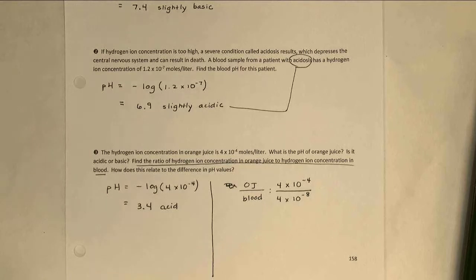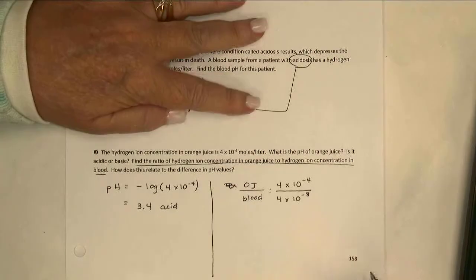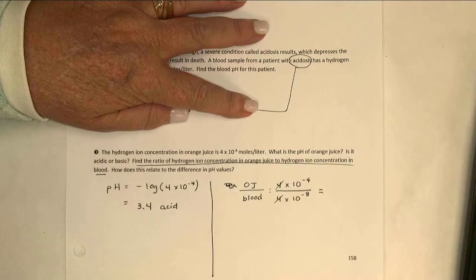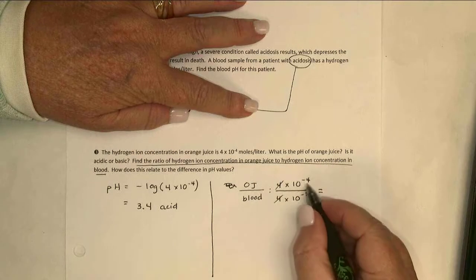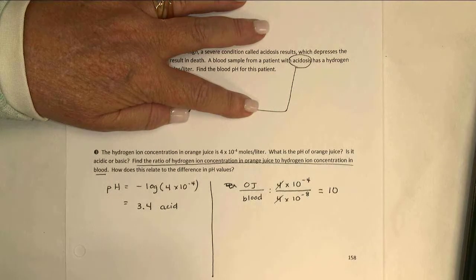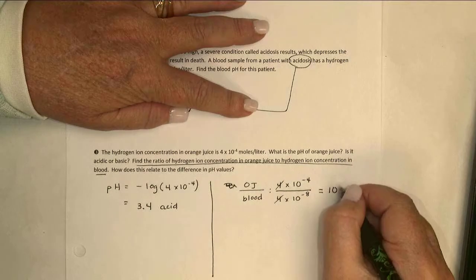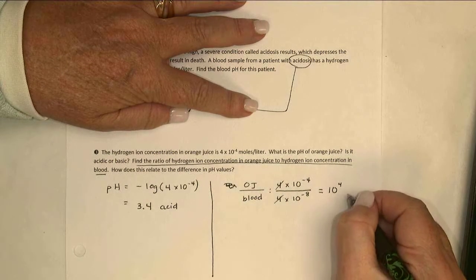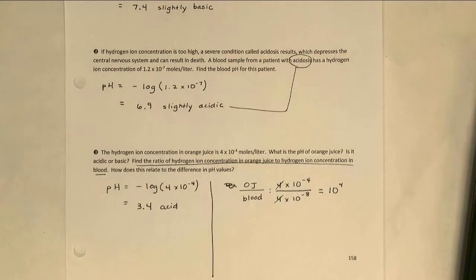We could certainly do this ratio or this division on the calculator, but it's actually not difficult to do, even just by hand, because notice the 4's here would divide out to 1. And if I subtract these exponents, negative 4 subtract negative 8, negative 4 plus 8 would be 4. So the ratio is actually 10 to the 4th, or 10,000.